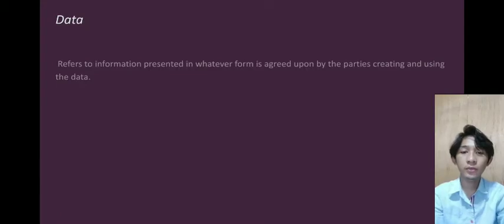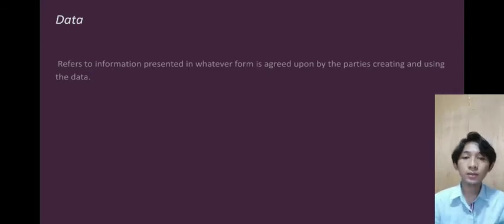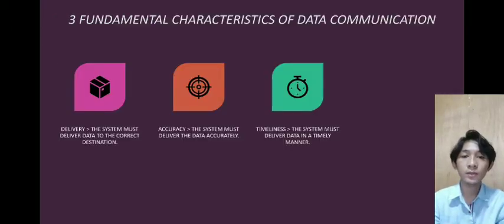Data. Data refers to information presented in whatever form is agreed upon by the parties creating and using it. Means, data is information. It can be numeric or any kind of information. Three fundamental characteristics of data communication. Delivery. The system must deliver the data to the correct destination.